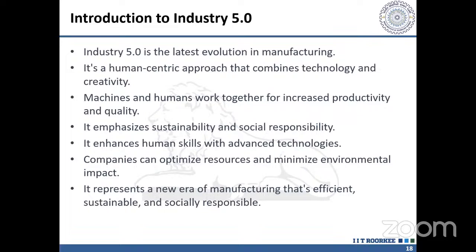and quality. Industry 5.0 is based on the idea that advanced technologies such as artificial intelligence, the Internet of Things, and automation can be used to enhance human skills and creativity rather than replace them.